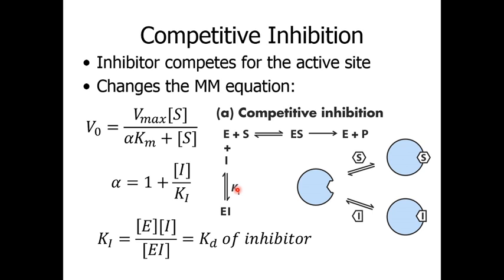What you're required to do is to remember that alpha involves this particular term. Because there is an alpha attached to Km, the Km of that enzyme will go up. And Ki, shown here, is given by the concentration of A times I divided by EI. This is called the Kd of the inhibitor.